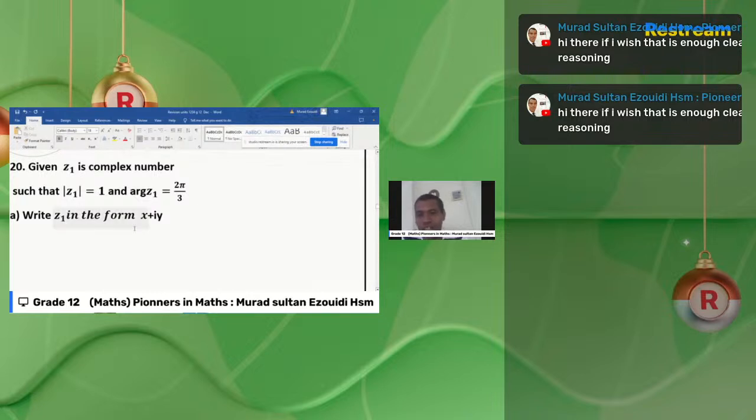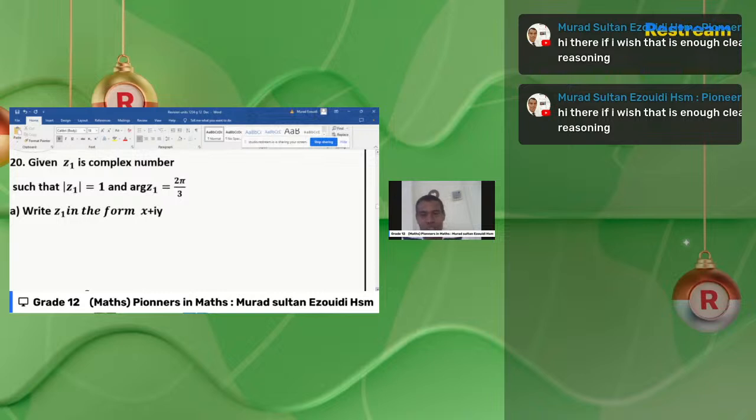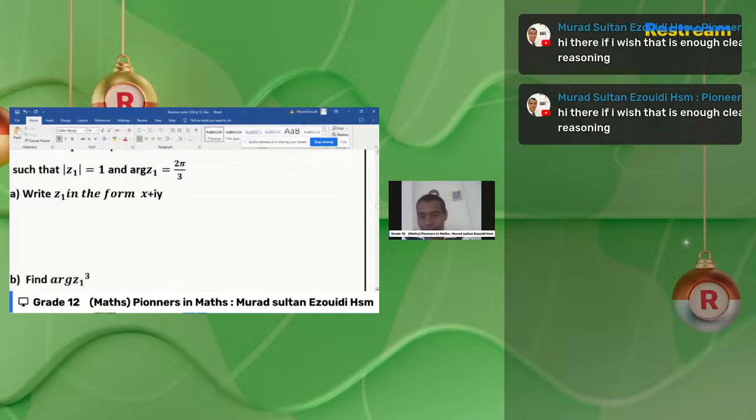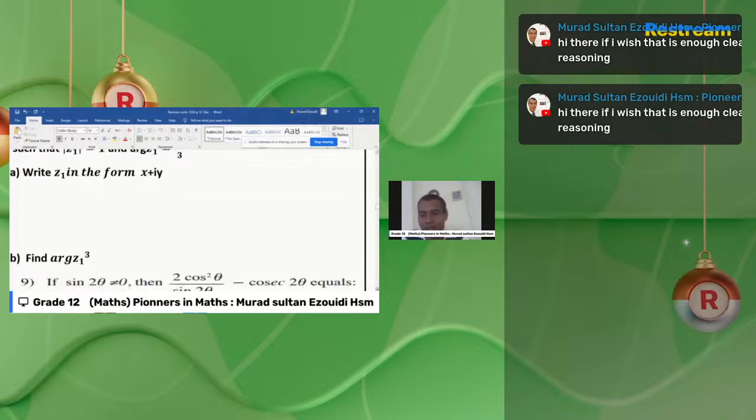I want you to try this question by yourself, and we will meet tomorrow and do the example. Those who did it correctly, I am encouraging you. After that, find the argument of z to the power 3.